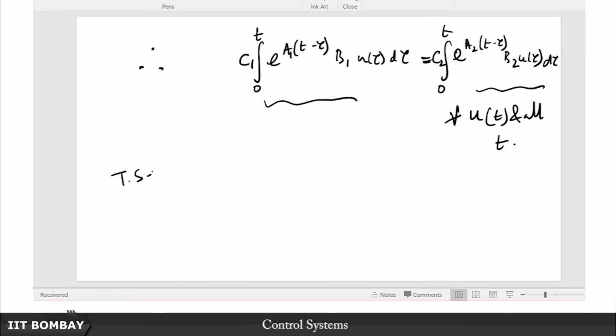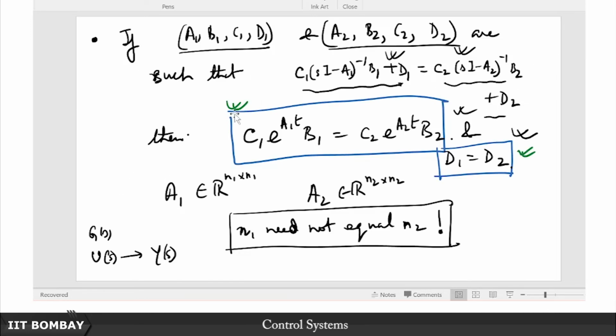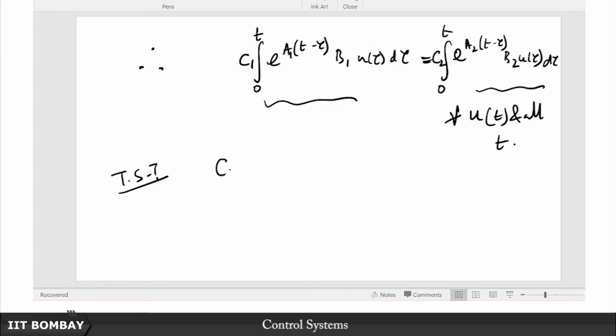So what we have to show is that this part is equal. We have to show that C1 e to the power A1 t B1 is equal to C2 e to the power A2 t B2. We have to show that this must be equal, right.